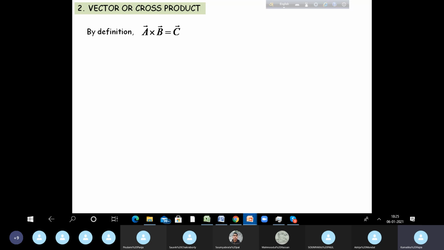By definition, this is how we write a cross product: A cross B equal to C, where C is a vector. How do we get C? C is assigned a direction which is perpendicular to the plane of A and B. So C is a vector which is perpendicular to both A and B.